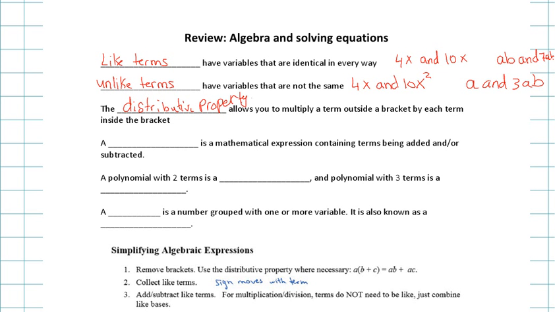So if I have, for example, 3 times (2x plus 1), I'm going to use my distributive property. That means this 3 is going to multiply by this term, and it's also going to multiply by that term. So I'm going to end up with 6x plus 3.